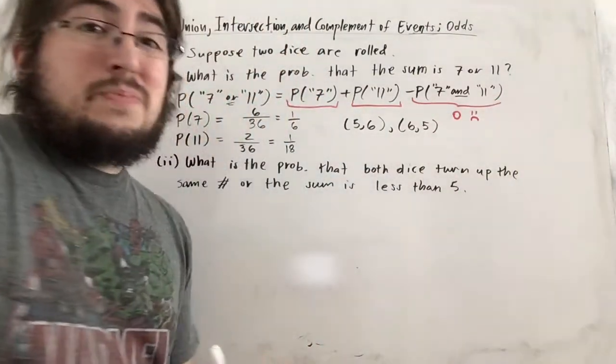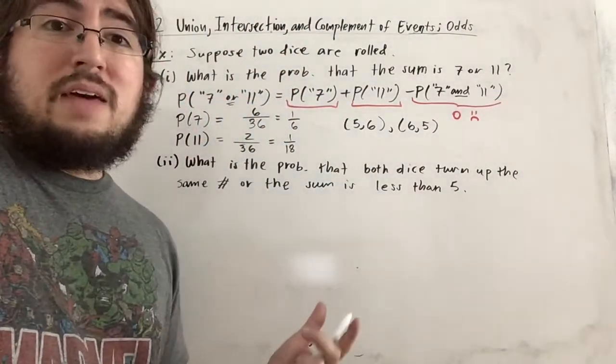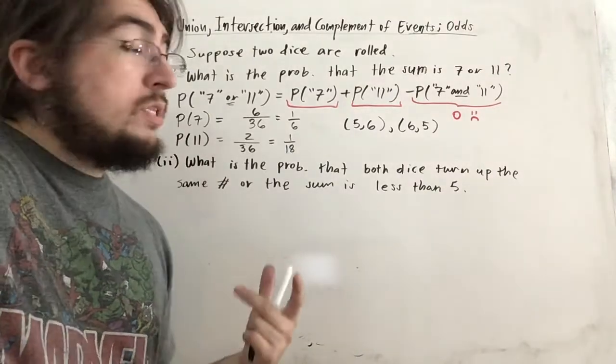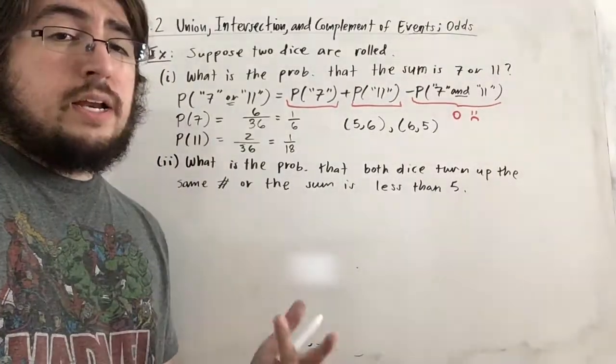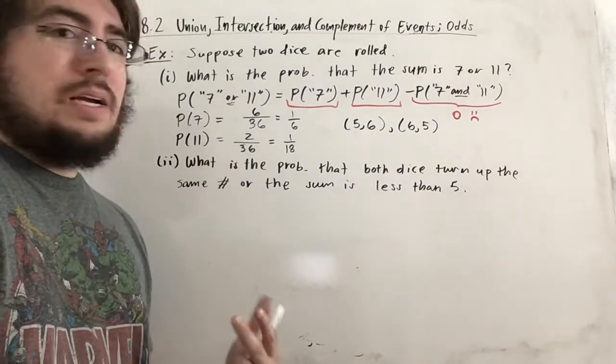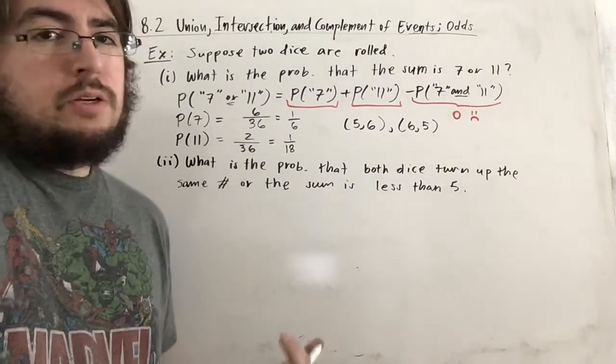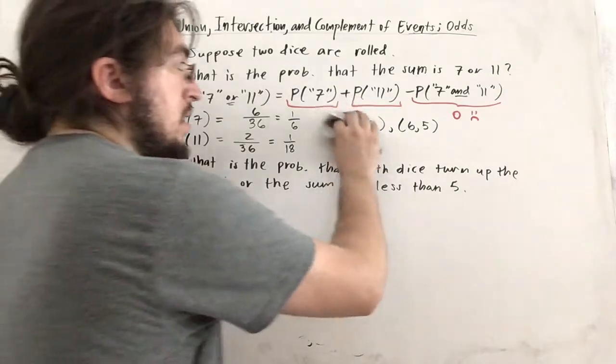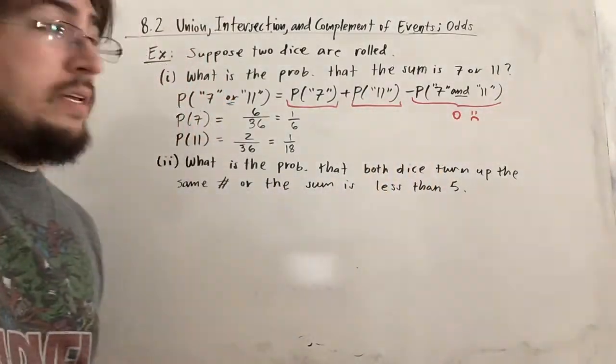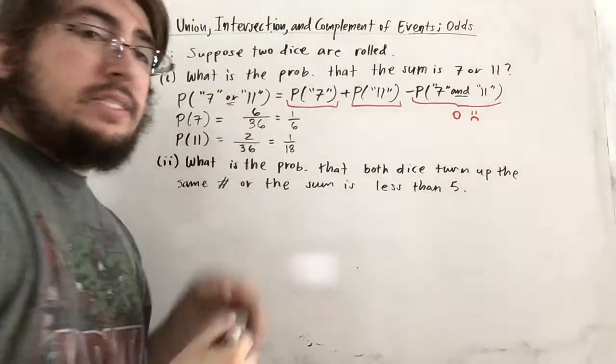And the reason there is because rolling a 7 and rolling an 11 are disjoint. They're mutually exclusive events. Unlike drawing a 2 or drawing a diamond, because those actually intersect, so those are not mutually exclusive events. Meaning, all we need to do now is just add these two.